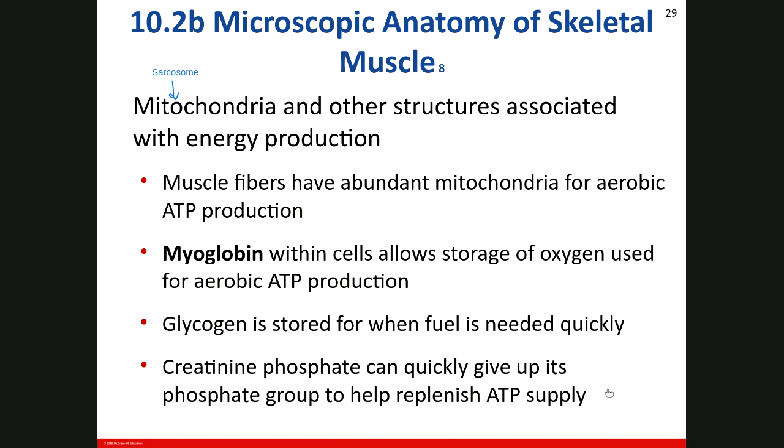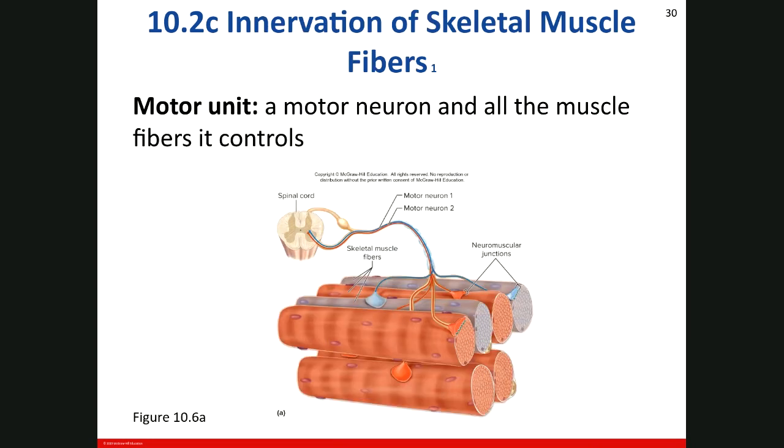And the hemoglobin has the same characteristic. It should carry oxygen. The glycogen and the creatinine phosphate are the fuels which we have inside the cell, and they help our skeletal muscle cell to make more ATP for us.